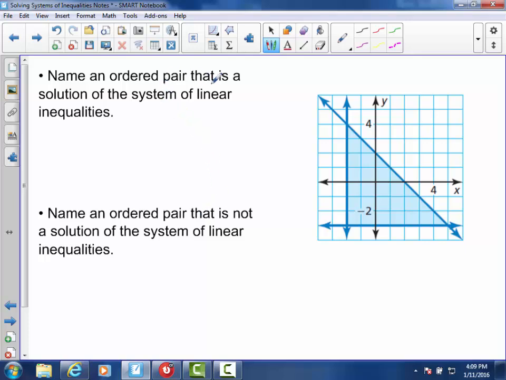Okay, so name an ordered pair that is a solution of the system of linear inequalities. So if it's a solution, it's somewhere in this shaded area, or it's on a solid graphed line. So I'm going to give you several examples of a solution. So right here, this would be a solution at -1, +2.